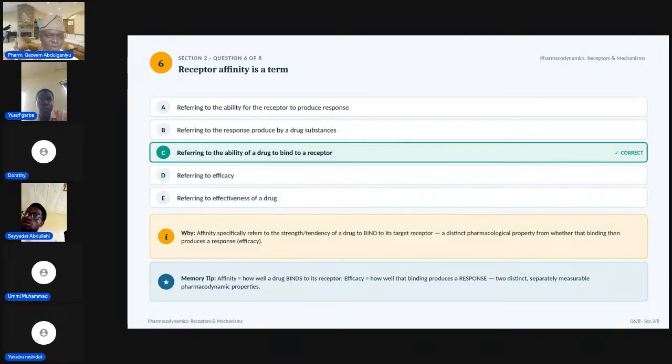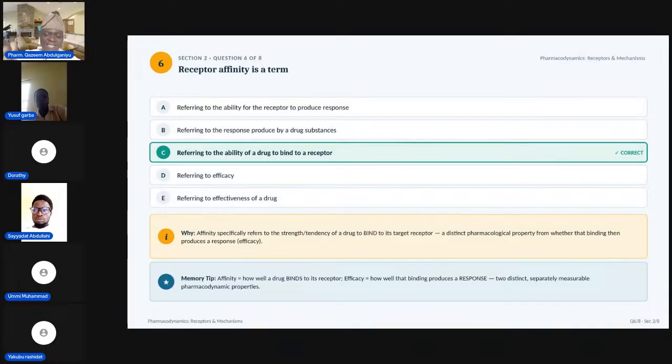I want you to just picture this now. So there's affinity. Affinity is this thing has a tendency of binding to this. So as a pharmacy technician, you have a very strong tendency that you can function where there is no pharmacist. Even though the law says that you should be under the supervision of a pharmacist, you have a very strong tendency. That means your affinity to function is 100%.